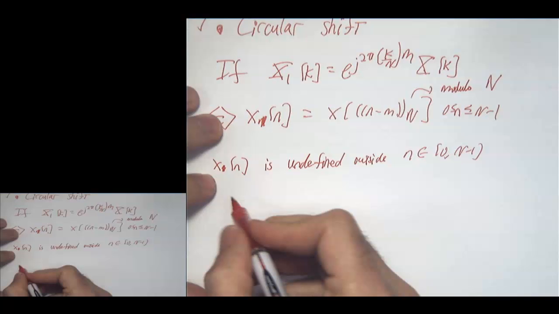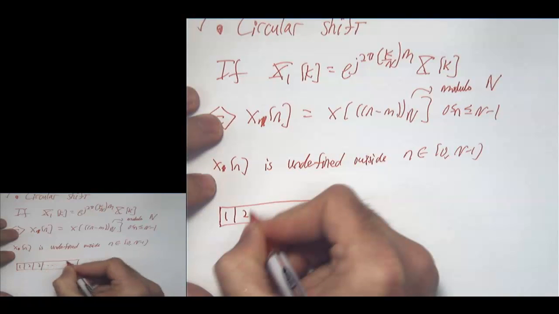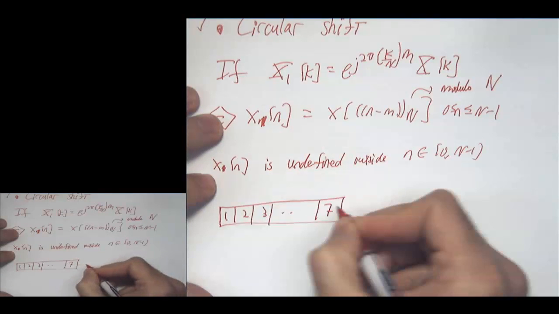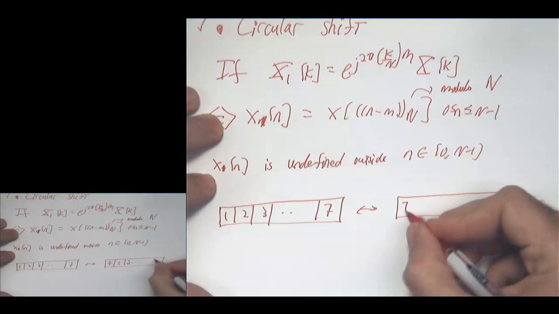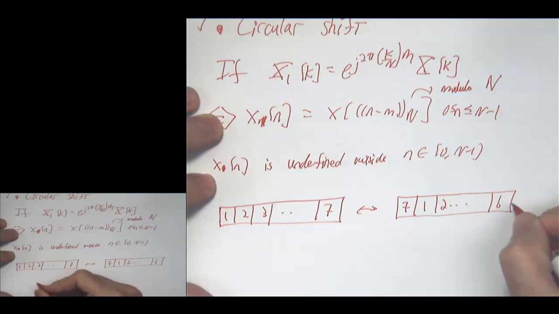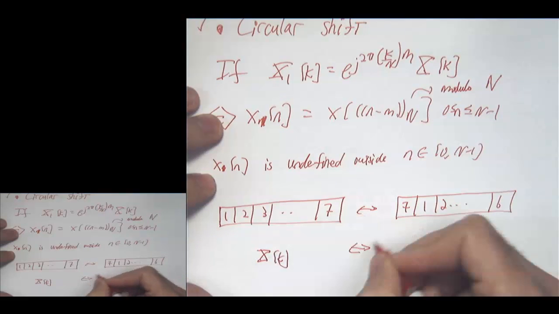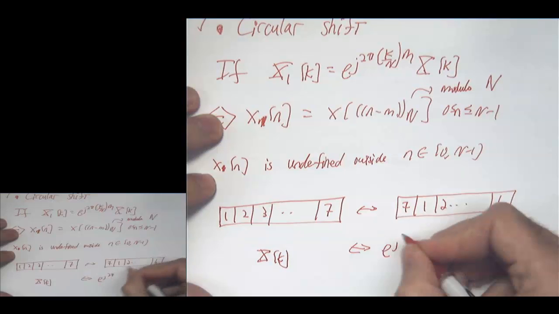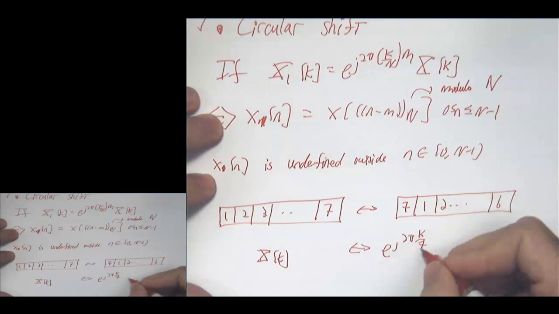So if I had a sequence that went 1, 2, 3, etc., up to 7, and then I shifted that, I would get 7, 1, 2, ... 6, and that would correspond to x of k, times e to the j 2 pi, 7 k over 7 times 1.